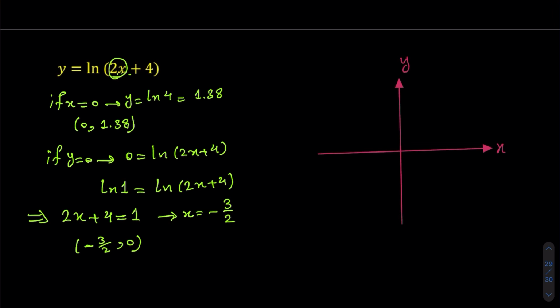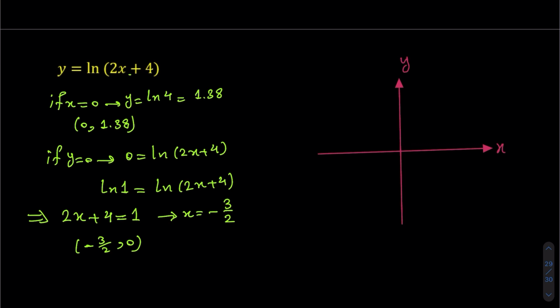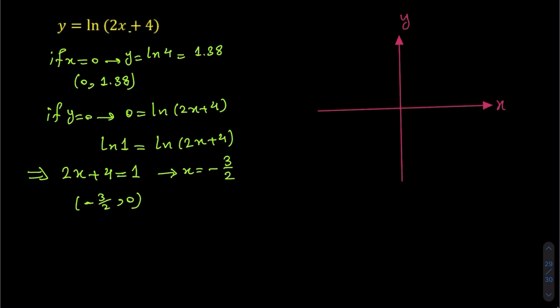Okay. But there is one thing more left, and that is when x approaches positive or negative infinity, what will happen to y? Okay, I need to test that. So let's say if x approaches positive infinity, what will happen?